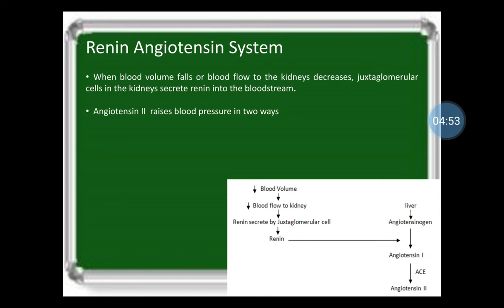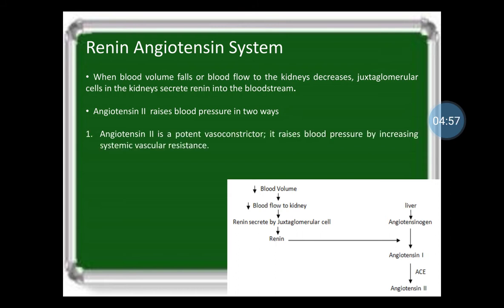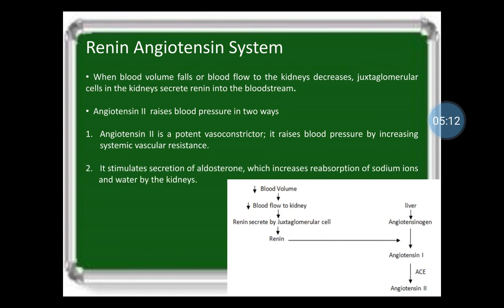Now angiotensin II raises the blood pressure in two ways. First, angiotensin II itself is a potent vasoconstrictor, so it raises the blood pressure by increasing the systemic vascular resistance. And the second way is that it stimulates the secretion of aldosterone.